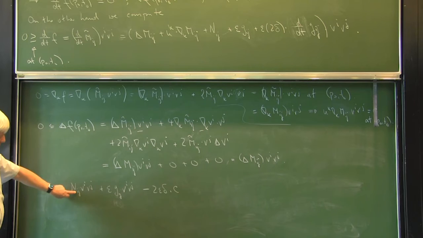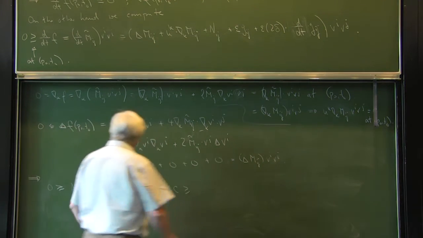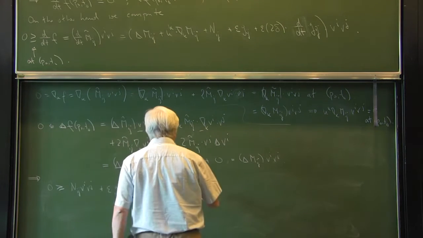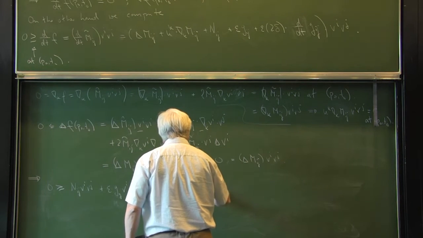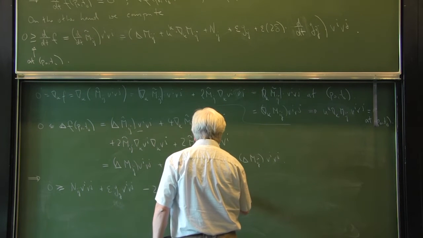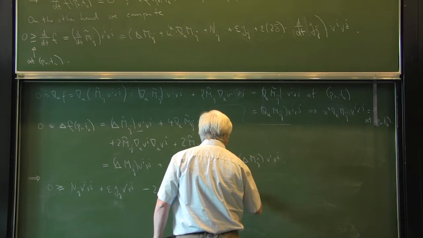Now, this one here, by our closeness to n tilde_ij, we can estimate by n tilde_ij v_i v_j up to a constant which also had the form epsilon times delta.